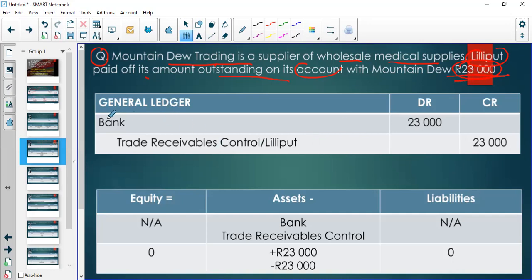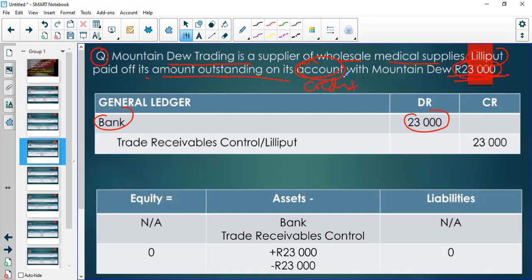So we always know that we're going to debit bank. There's no question. But now we need to analyze the transaction to see where the cash is coming from. So the cash is coming from a customer. So this customer, if you look at this, paid off the amount outstanding on its account. So this is a credit customer.